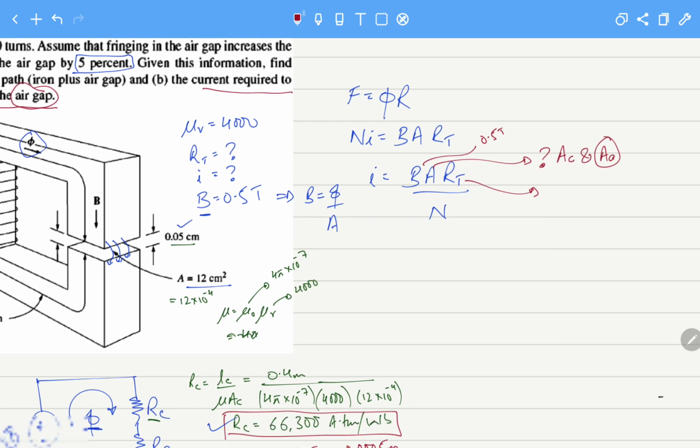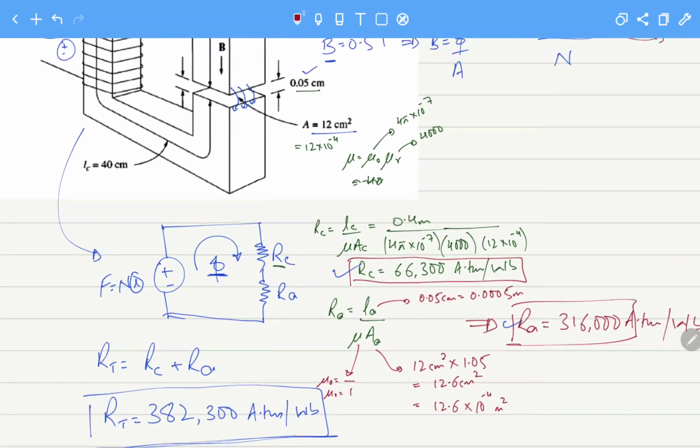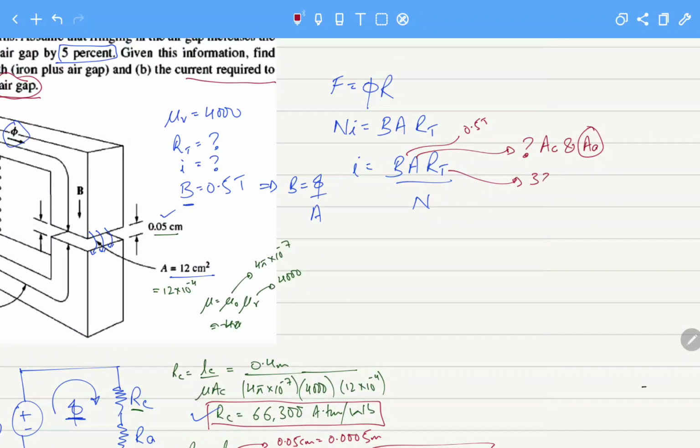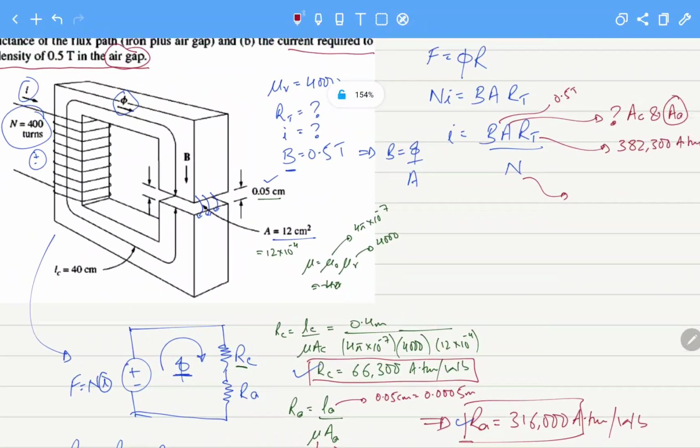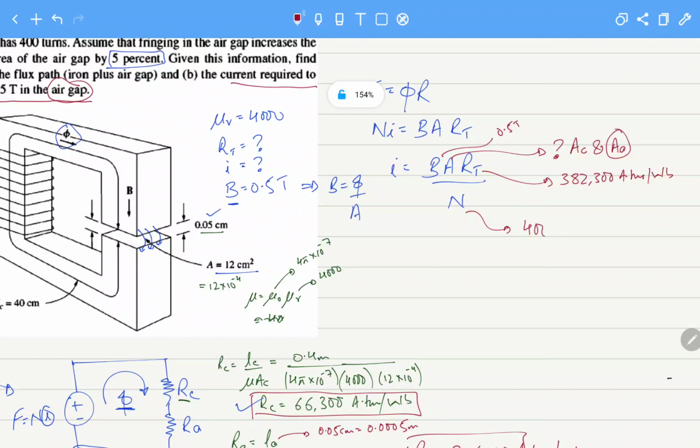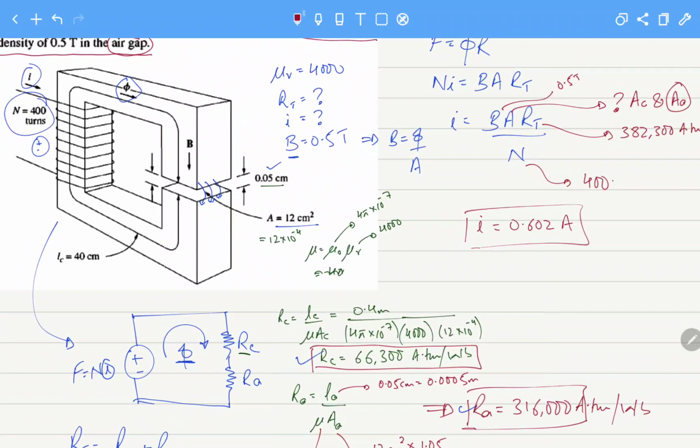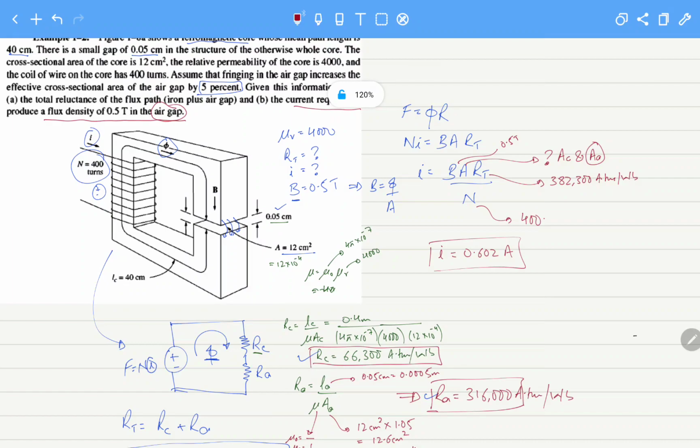The reluctance we have calculated, here is the total reluctance, 300 ampere turns per Weber, and the number of turns we know is 400. So the value of I, if you calculate by substituting all the values, will be 0.602 amperes. This will be the value of your current.